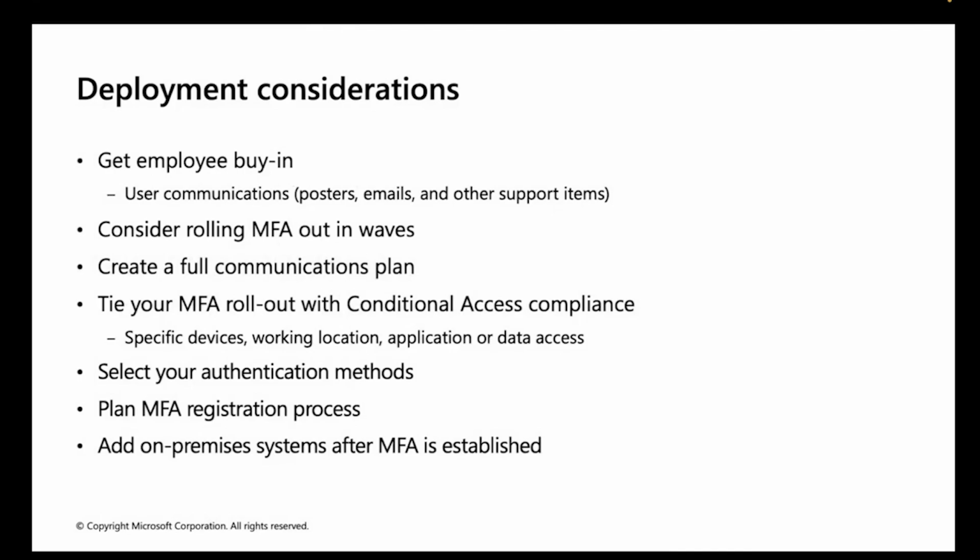By default, we get two authentication methods during the registration. The one is Authenticator app, and the second is mobile device, where you can receive the SMS. So Authenticator and mobile device. But yes, we have other options as well that you can use as an authentication method.